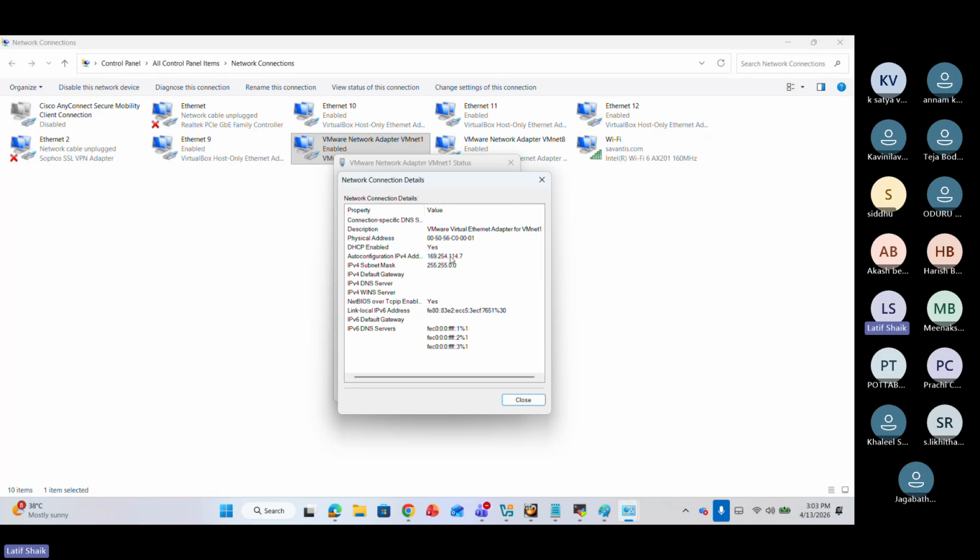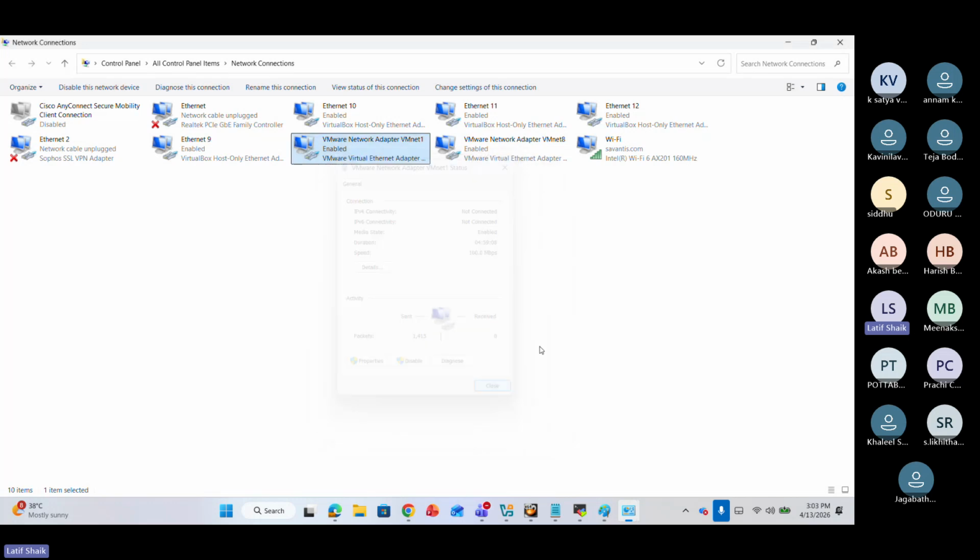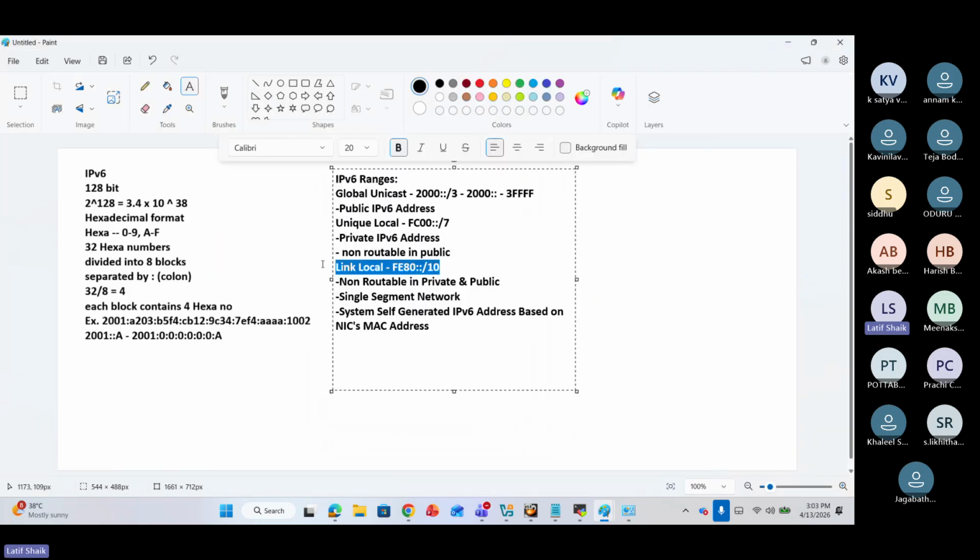But link local is a system self-generated IP address based on your MAC address. With link local IP, you can communicate within your segment network, meaning within the physically and logically same network.